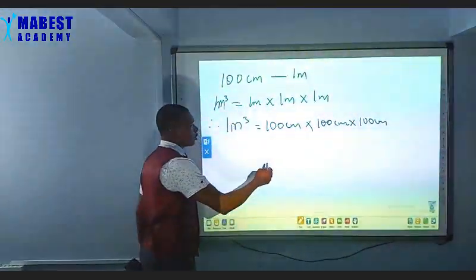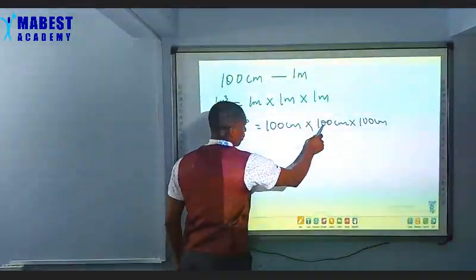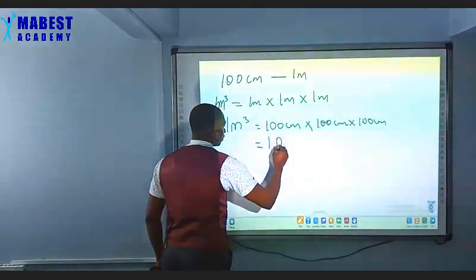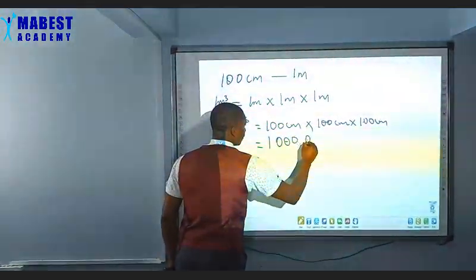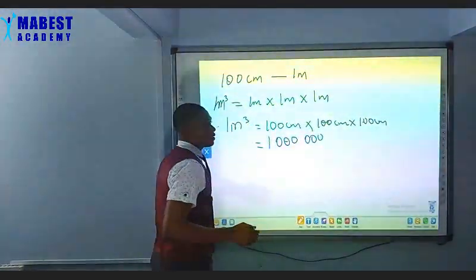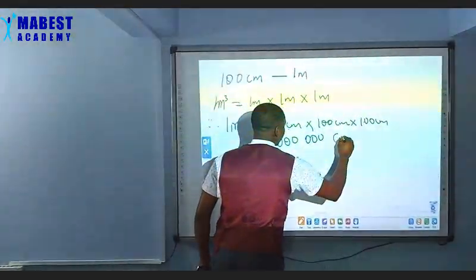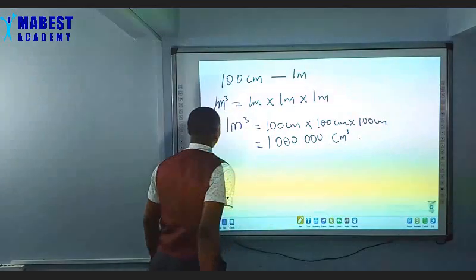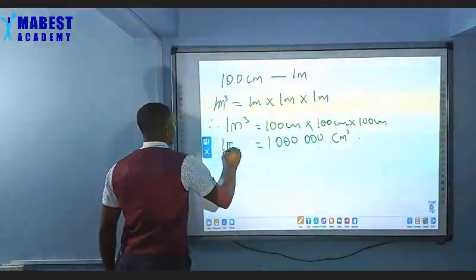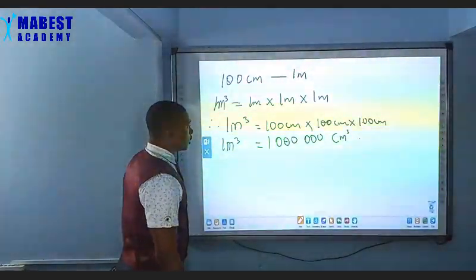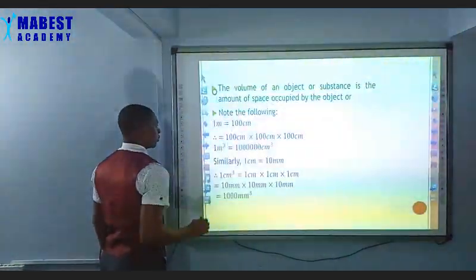Knowing fully well, to multiply, just count the number of zeros you have. This is 1, 2, 3, 4, 5, 6, which means you have 1 followed by six zeros, and the unit is centimeter cube. So 1 meter cube gives us 1 million centimeter cube.